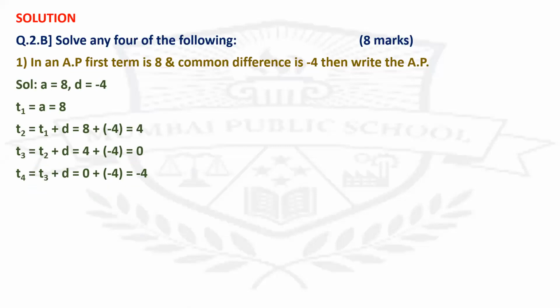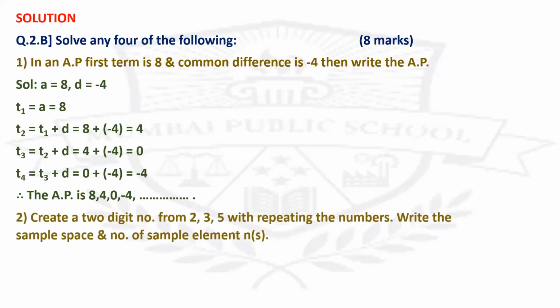T4 is T3 plus D, 0 plus of minus 4. Once you complete the calculation, the answer becomes minus 4. So therefore the AP is 8, 4, 0 and minus 4, and it will continue.